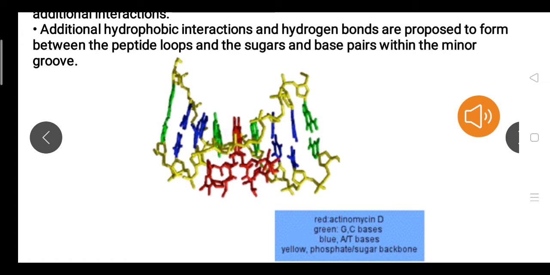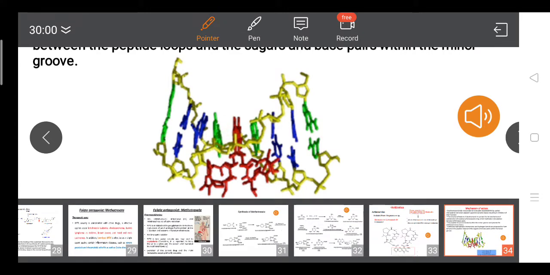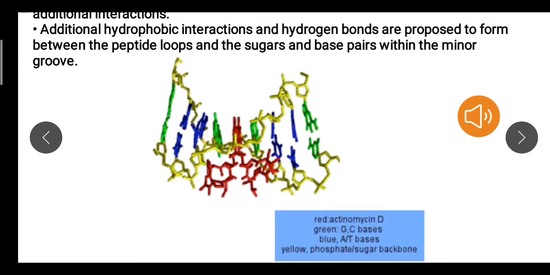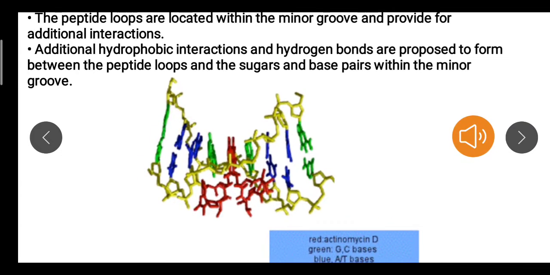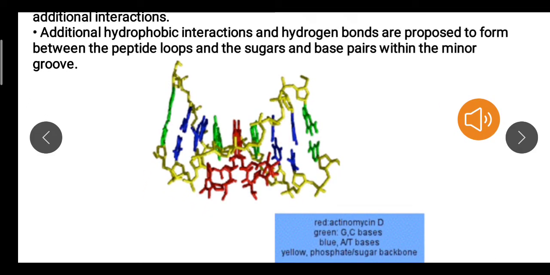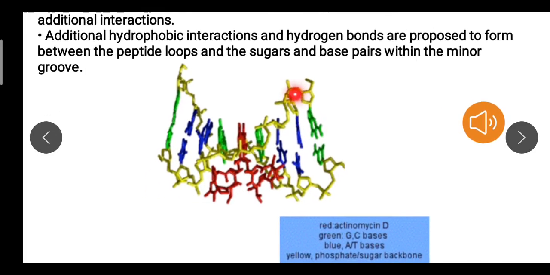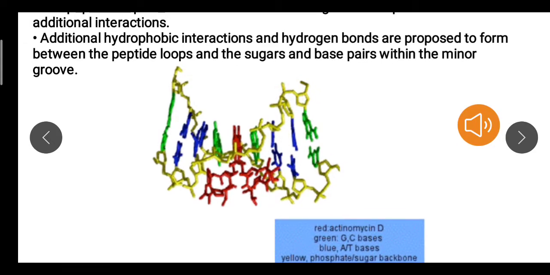This is in green color, and the blue color is the adenine and thymine nucleus bases. The yellow color is for the phosphate and sugar backbone of the DNA.